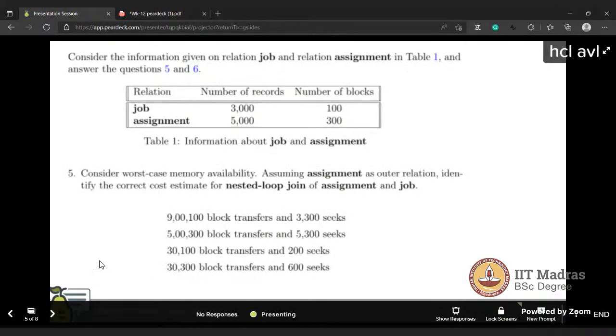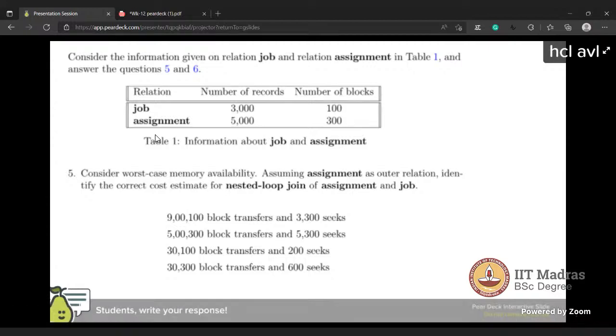Similar type of question. Consider the information given for relation job and relation assignment in table 1. Answer question 5. The number of records in job is 3000 and in assignment is 5000, and the number of blocks in job is 100 and in assignment is 300. Consider the worst case memory availability, assuming assignment as the outer relation. Identify the correct cost estimate for the nested loop join of assignment and job. So you have to answer.